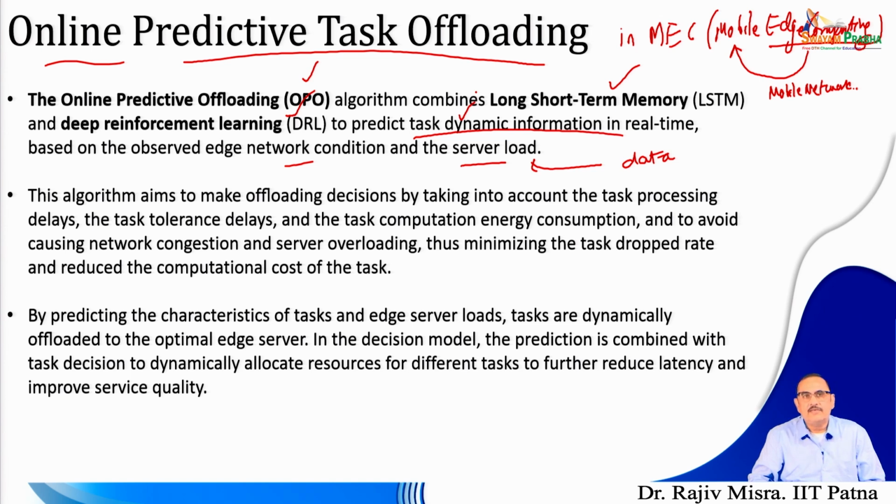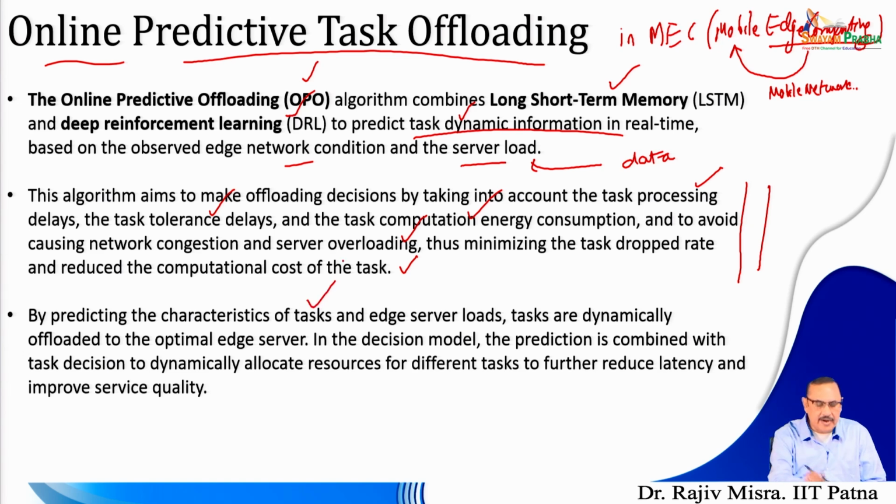This algorithm makes offloading decisions by taking into account the task processing delays, task tolerance delays and the task computation energy consumption, and to avoid causing network congestion and server overloading, thus minimizing the task drop rate and reducing the computational cost of the task. So, these are some of the important requirements of the algorithm.